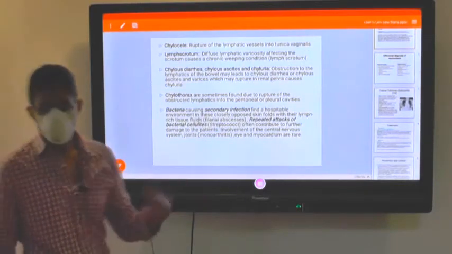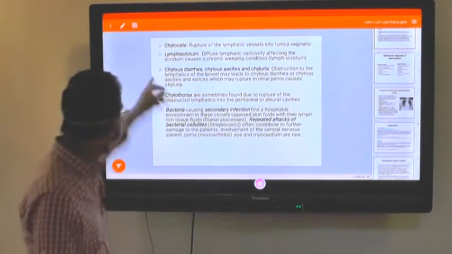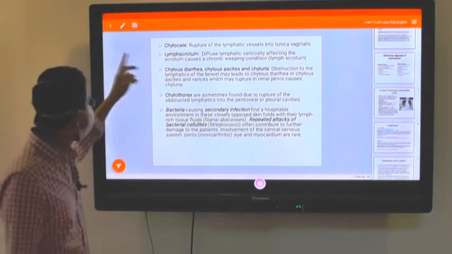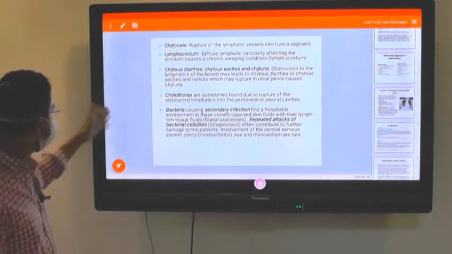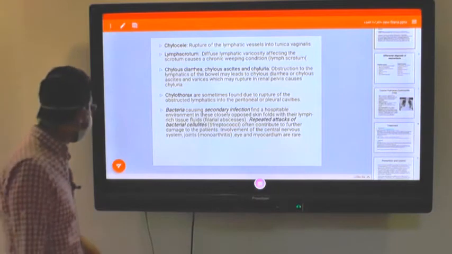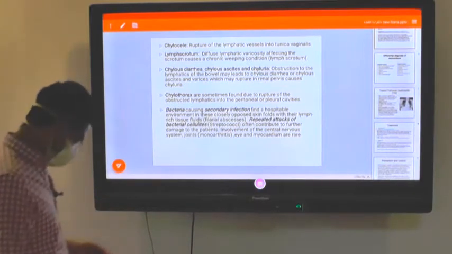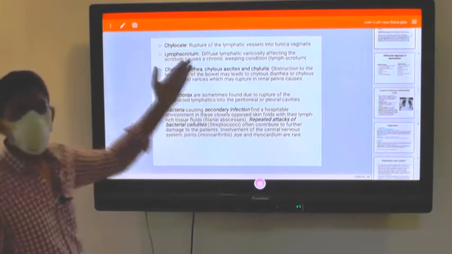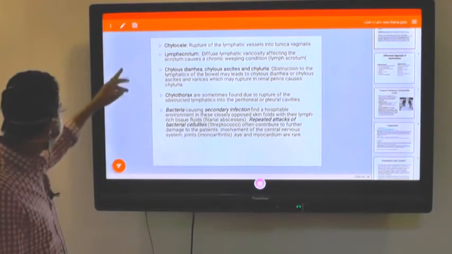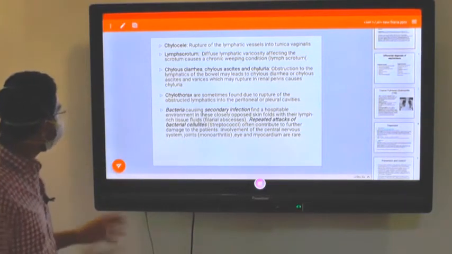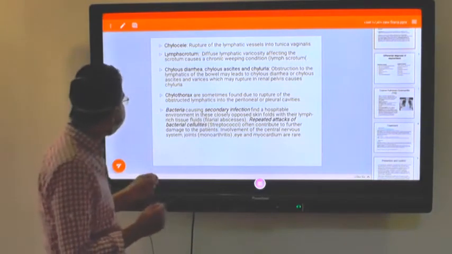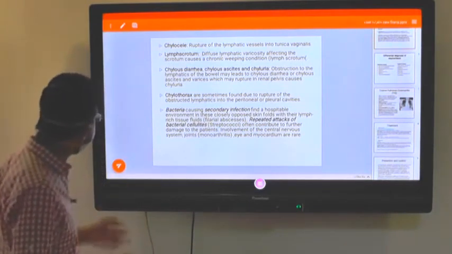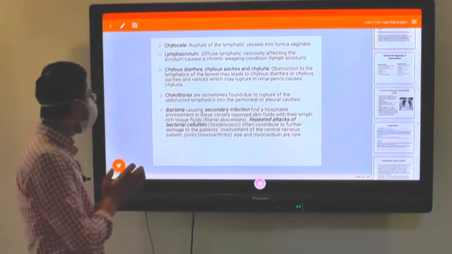Other complications and symptoms may be chylocele, lymphoscrotum, chylous diarrhea, and chylothorax. The chylocele is due to rupture of lymphatics in the tunica vaginalis. Lymphoscrotum is due to diffuse lymphatic varicosities affecting the scrotum, causing a chronic weeping condition.